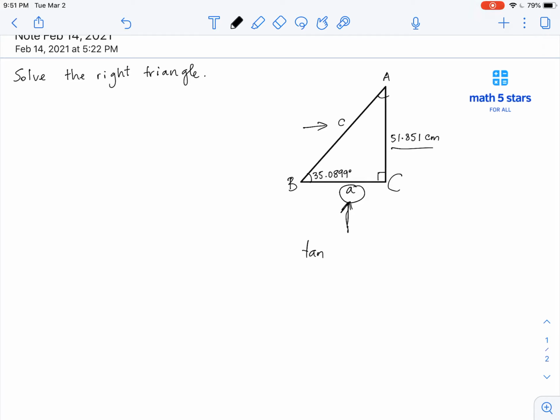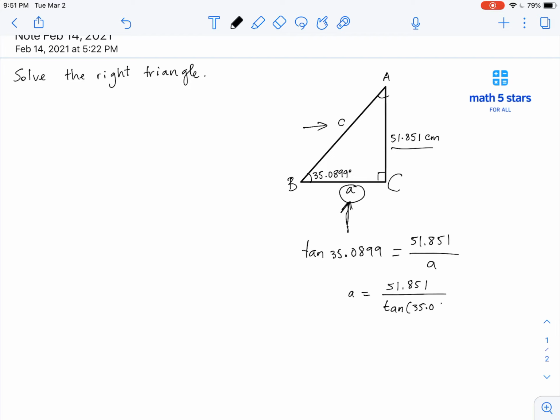The tangent of 35.0899 will be the opposite side, 51.851, divided by the adjacent. This relationship links the angle, the opposite side and the adjacent side, and I'm left with only one unknown, so I can solve for side A.